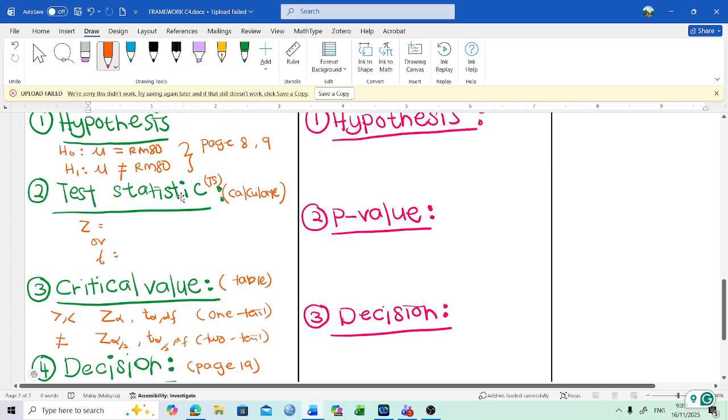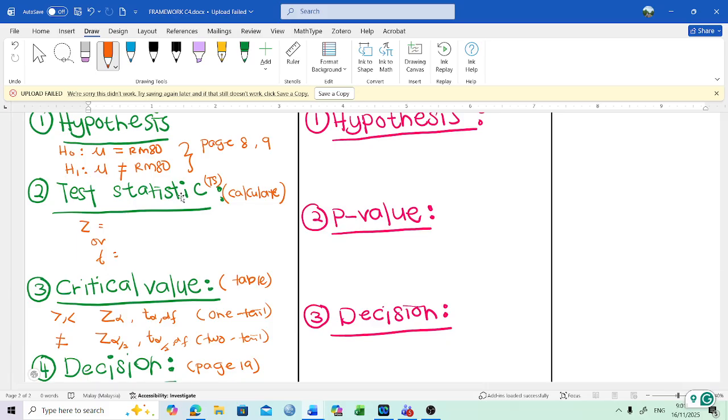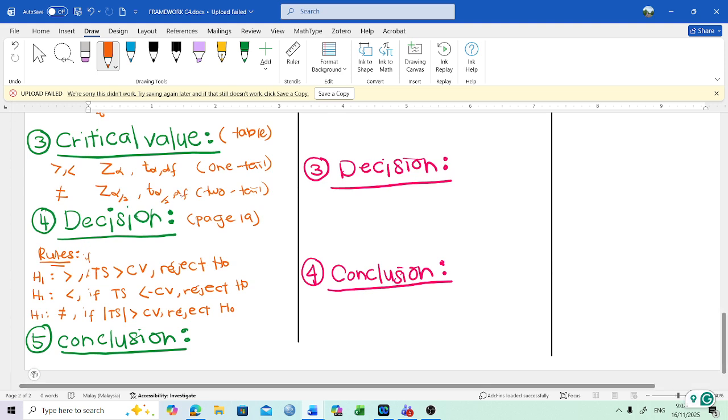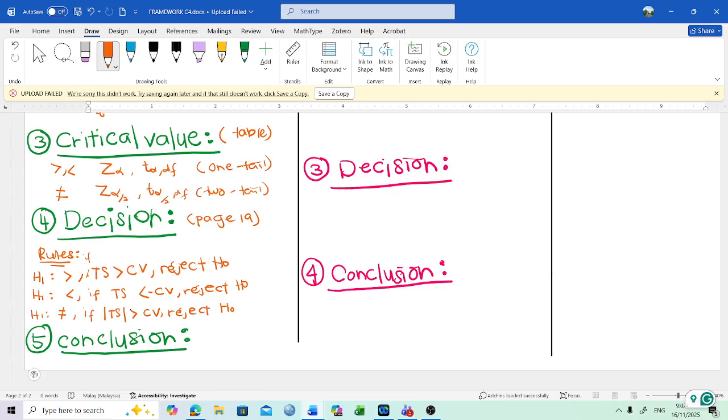Just now, I said that if our decision is to reject the null hypothesis, reject means that we do not want our null hypothesis. It means that our conclusion is the mean is unequal to 80 ringgit. So here you can write it. This is if you reject the null hypothesis.